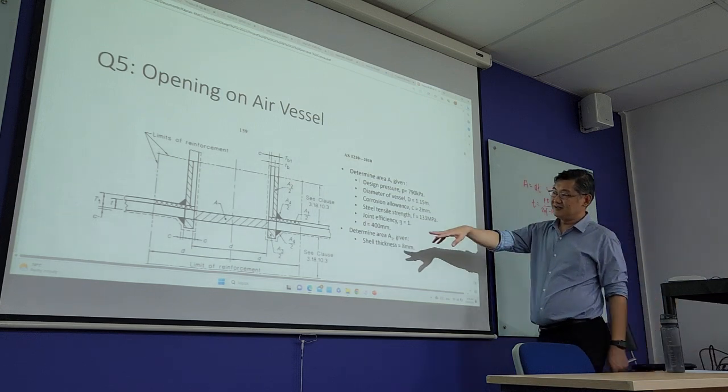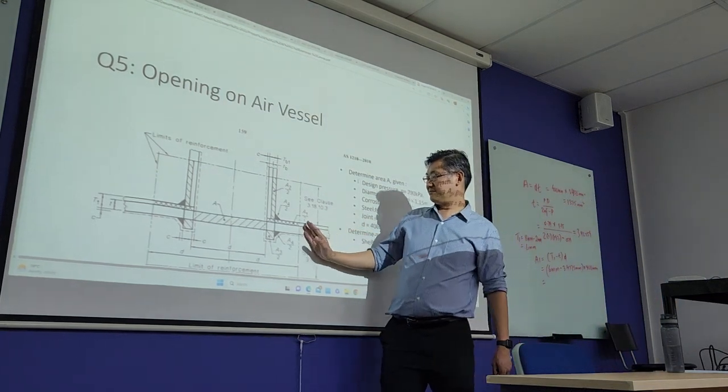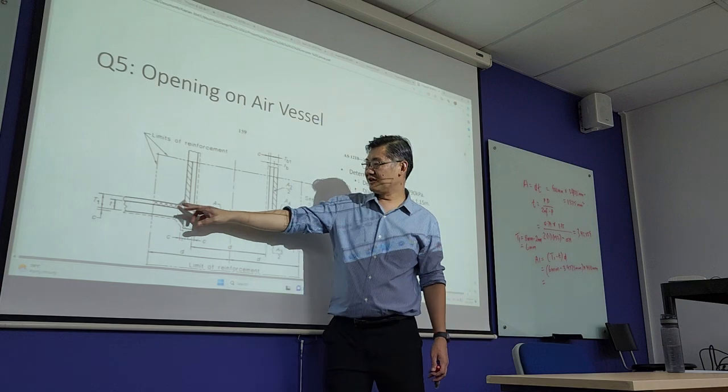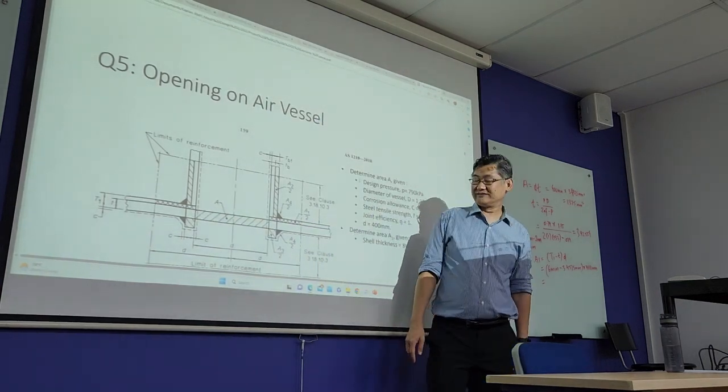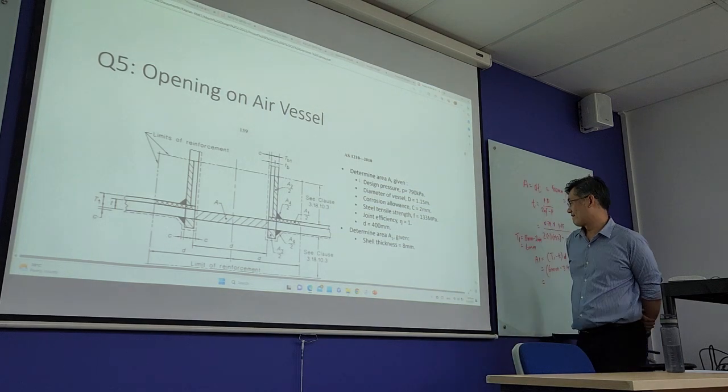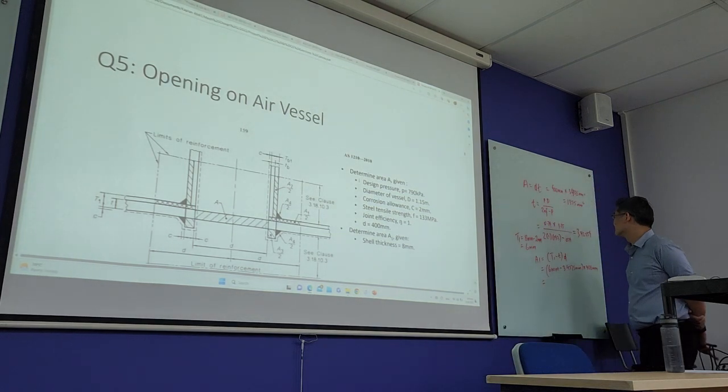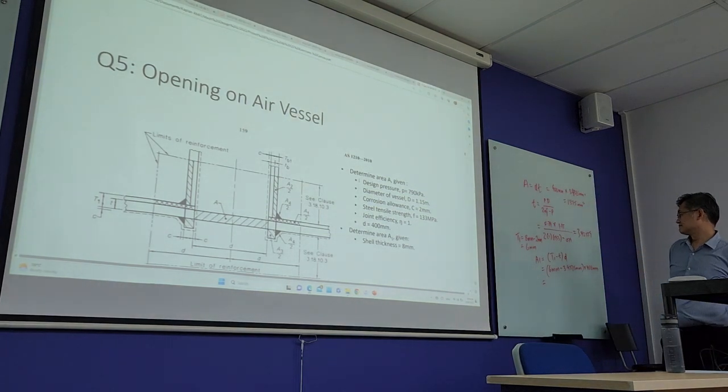This D, because you see A1 over 2. If let's say A1 means to total up these two, is A1. So what will be the value of A1?